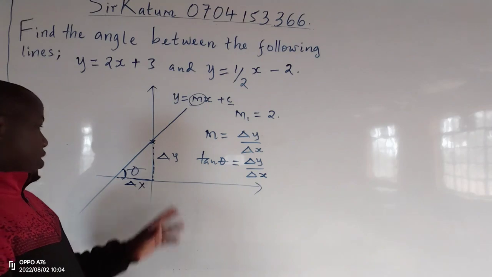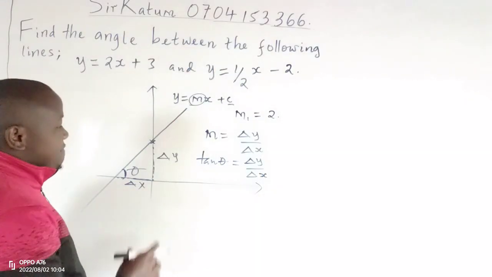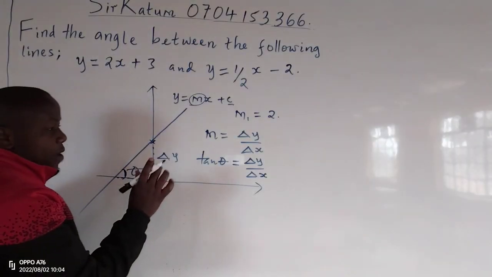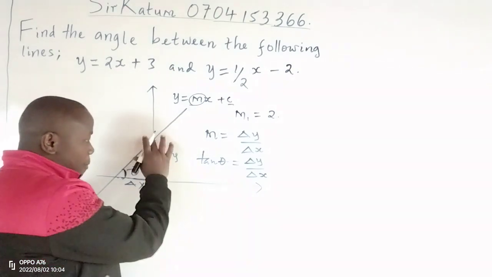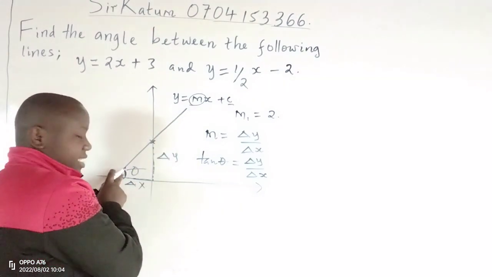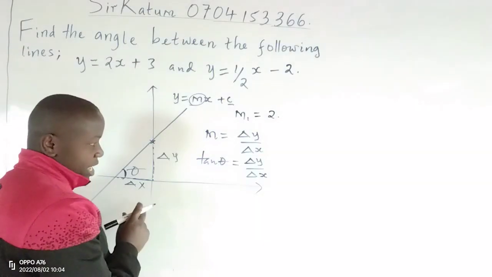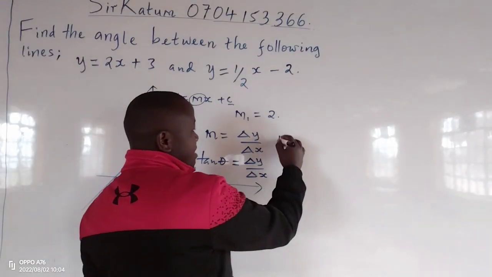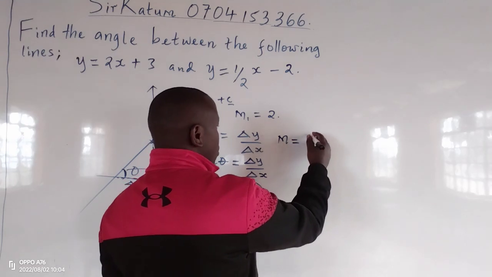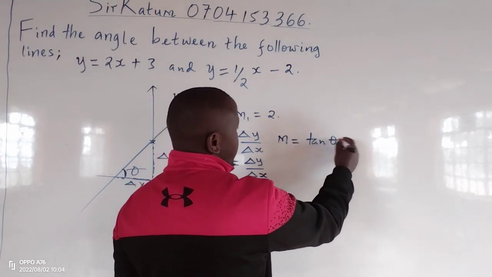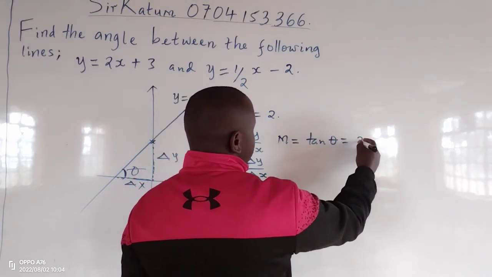So the gradient also gives us the ratio between the opposite side of this angle and the adjacent side of the same angle, meaning gradient is equal to the tangent of the angle, which is 2.